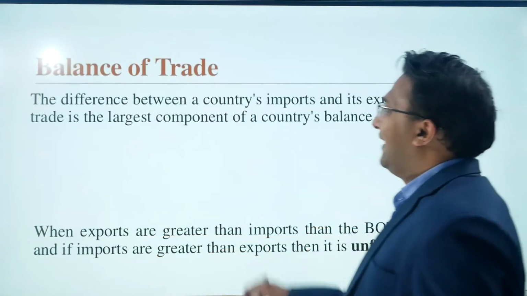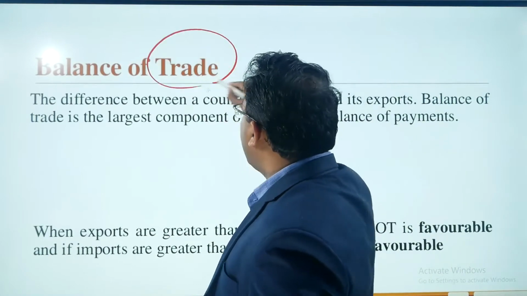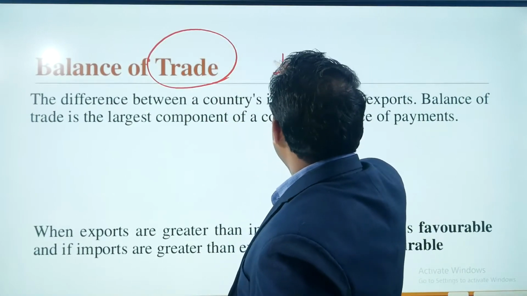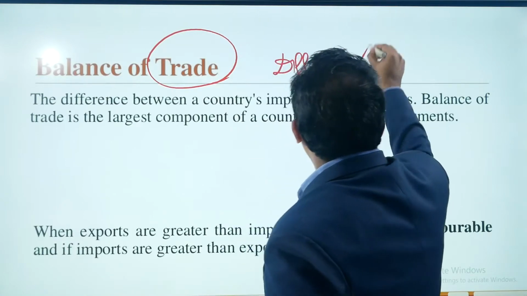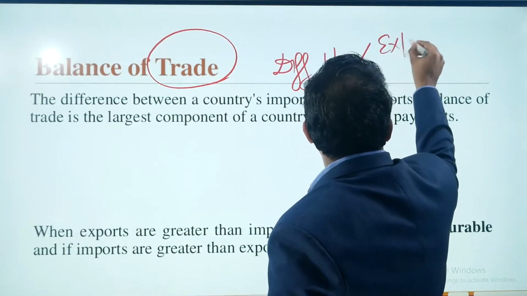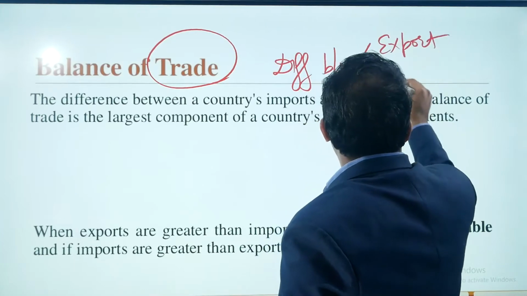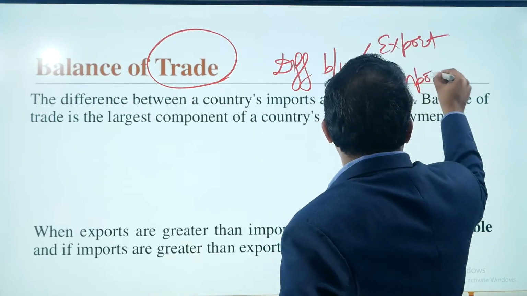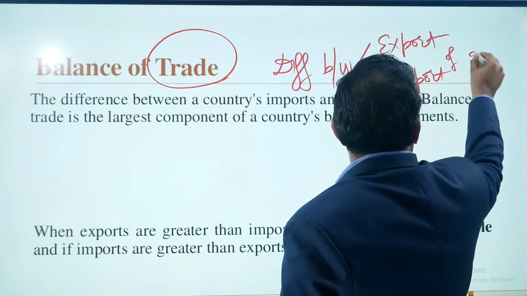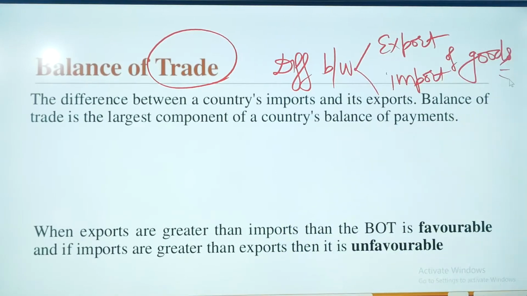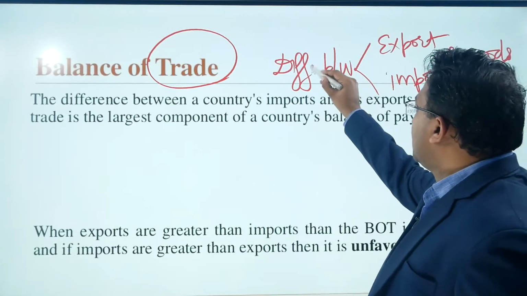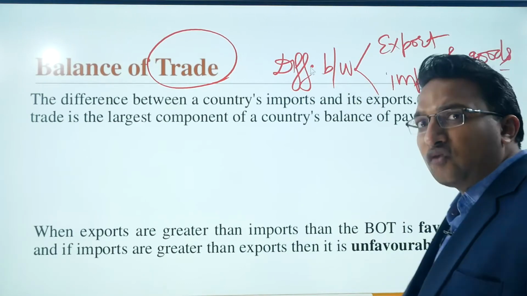Now, what is balance of trade? Balance of trade is nothing but the difference between export of goods and import of goods.